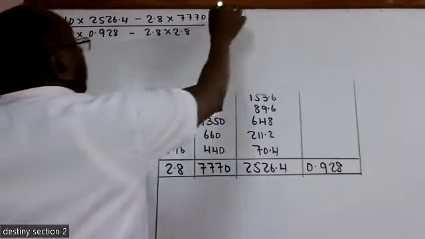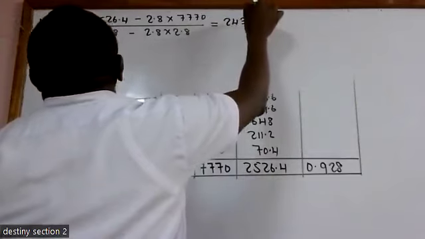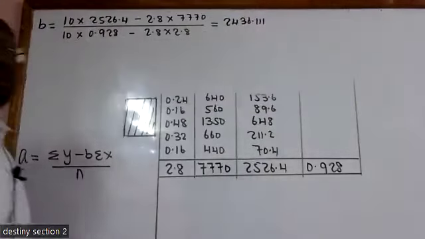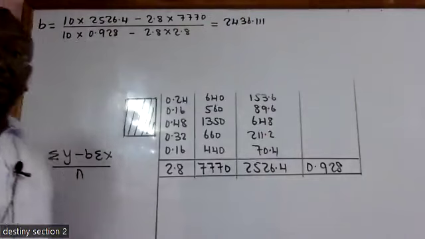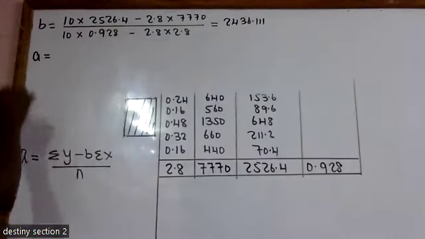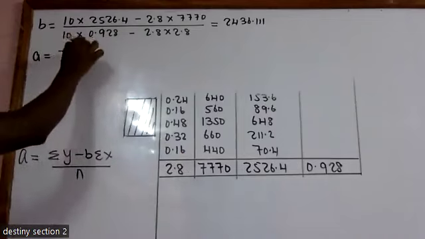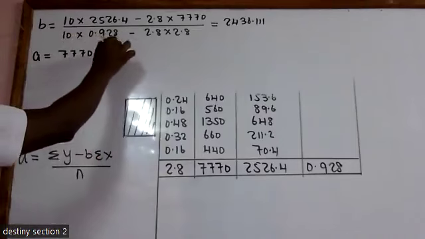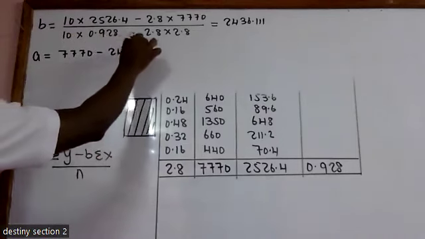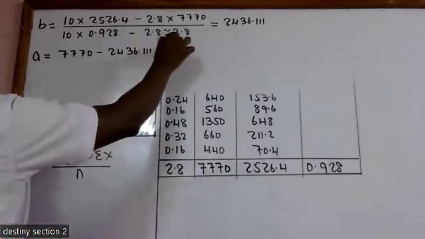2436.11. You can work with 3 decimals because our figures are in thousands. Okay, the value of A is sum of Y, 7770 minus B, 2436.111 times sum of X, 2.8.